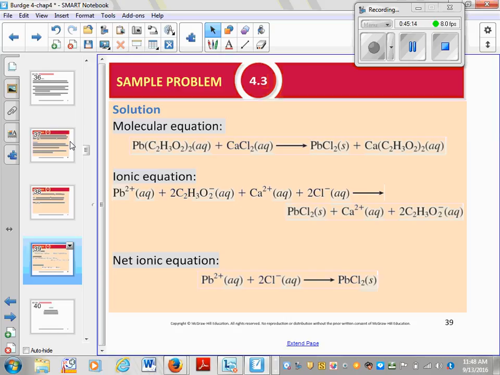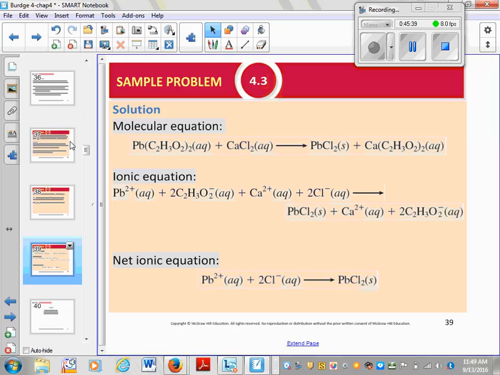What states are they going to be in? KCl. Soluble or non-soluble? Soluble, so it's going to be what? Aqueous. What about NaBr?